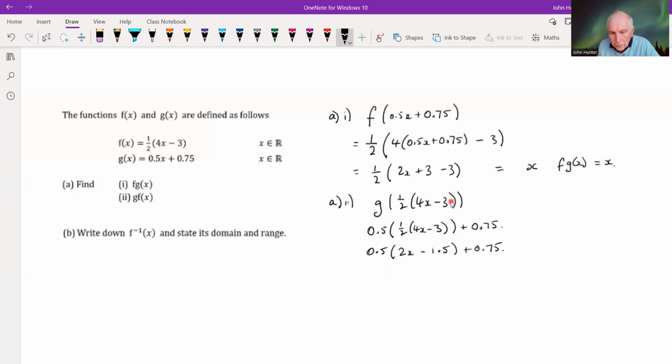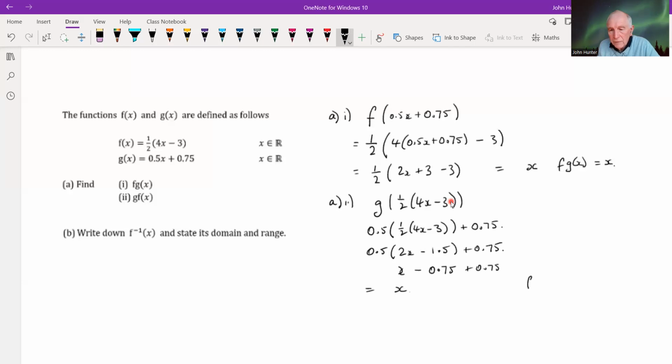Right, so we'll just work that through. So that's going to be x minus, well, it is going to be half of 2x minus 0.75, plus our 0.75. Well, that's going to be equal to x.